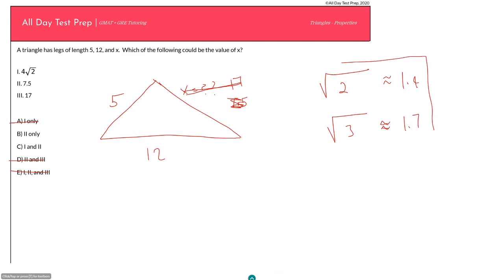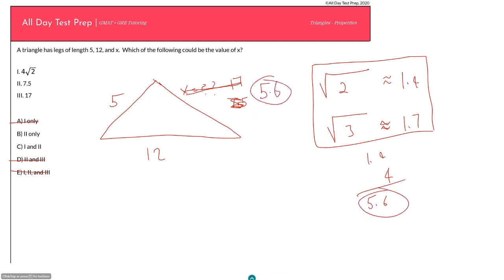So this means 4 rad 2 is approximately, what's 14 times 4? 56. And so this would be approximately 5.6. And so 5 plus 5.6 gets me to 10.6, which isn't really even that close to 12.